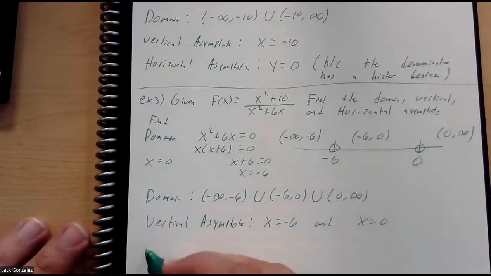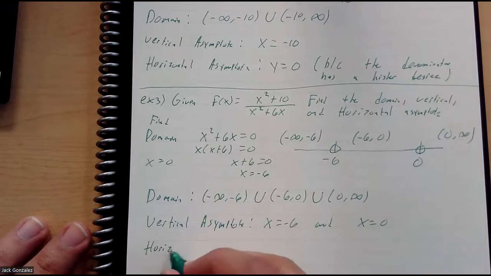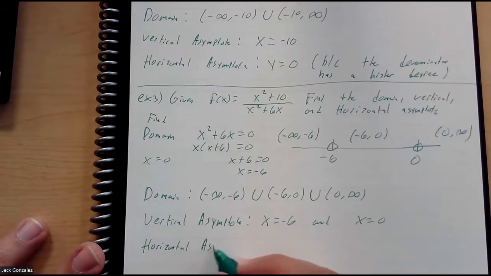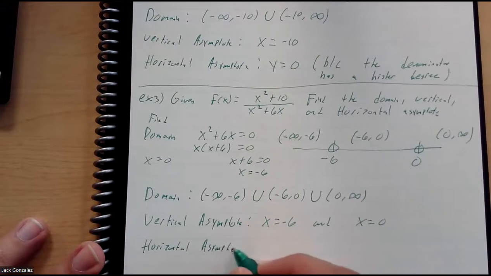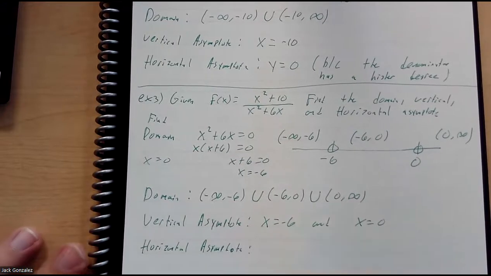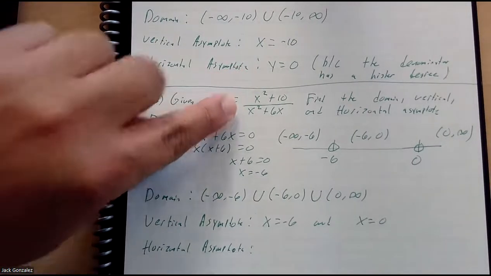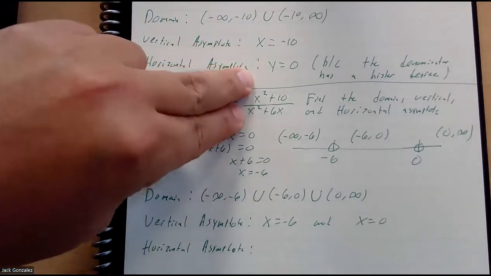All right. Horizontal depends on the degrees of the top and bottom. We said that they are equal, right? We have a 2 and a 2. It's the highest degrees of the numerator and denominator.